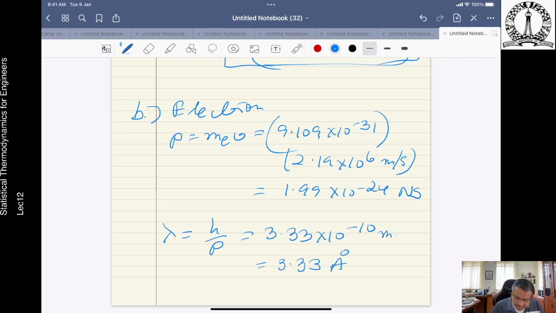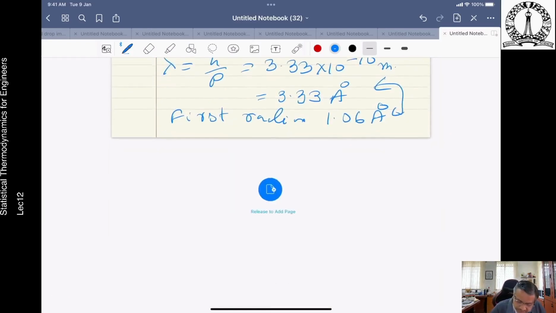So Bohr's first radius is about 1.06 angstrom. So these two are kind of comparable. They are in the same ballpark. Therefore, we must expect quantum effects from atomic hydrogen, which we saw in its spectrum.